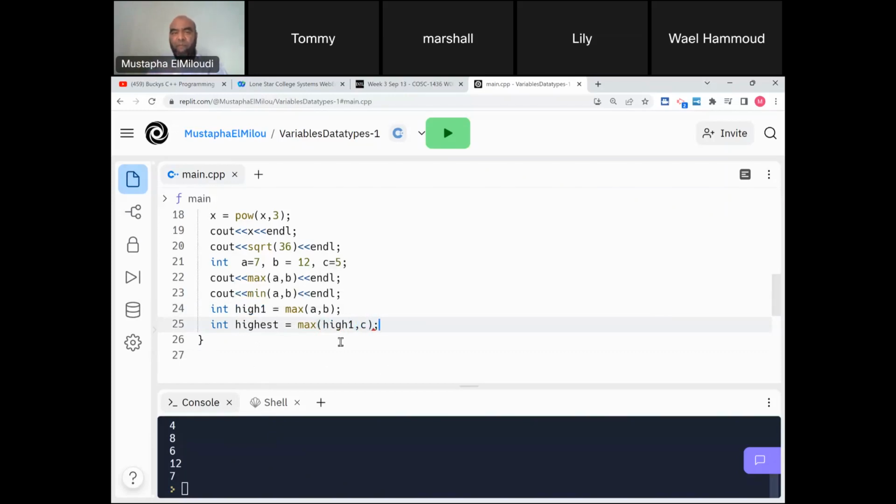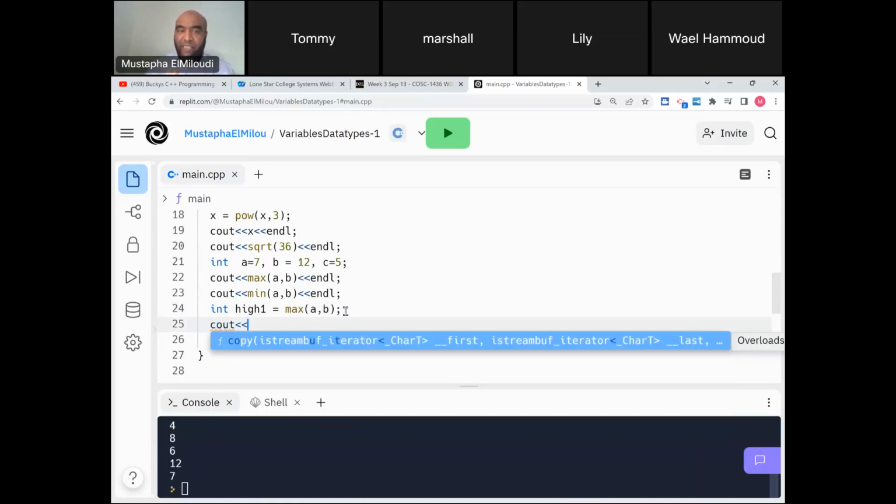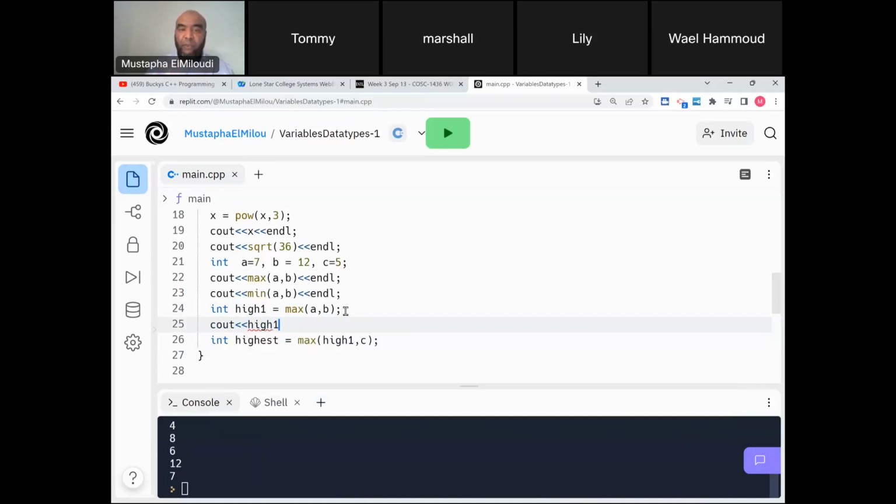Does this make sense? Because I already saved the value, that means a and b is 12. So high one, if I print it, let me print it so you can see this. If I print high one, it's going to hold 12, because that's the value of the highest of the two. So it's going to show me 12 because that's the highest of the first two.